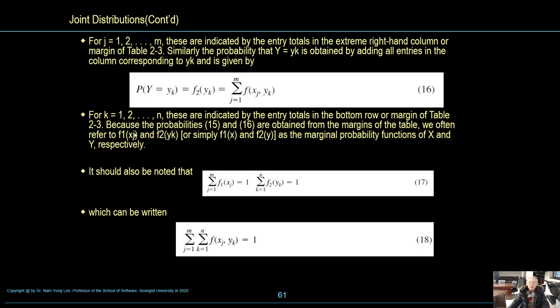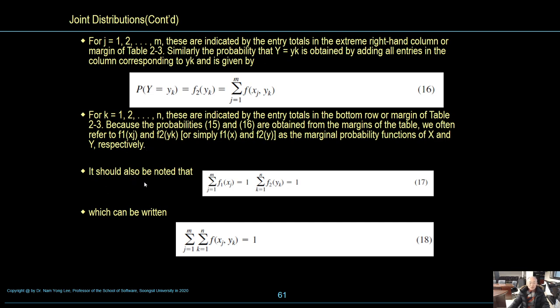Because the probabilities in formulas 15 and 16 are obtained from the margin of a table, we often refer to f1(x) and f2(y) as the marginal probability functions of X and Y respectively.